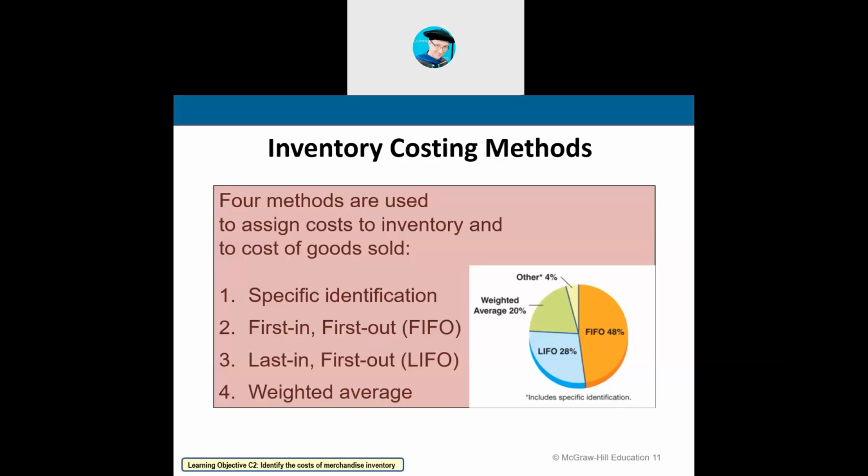When you have a company that sells inventory, you will use one of these four methods to assign cost to your inventory, which ultimately goes to cost of goods sold. One is called specific identification.